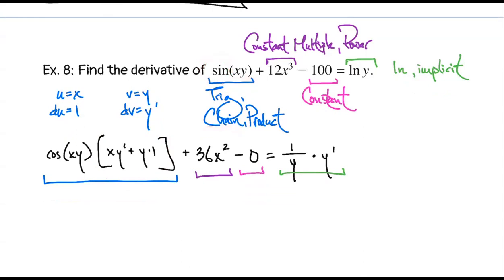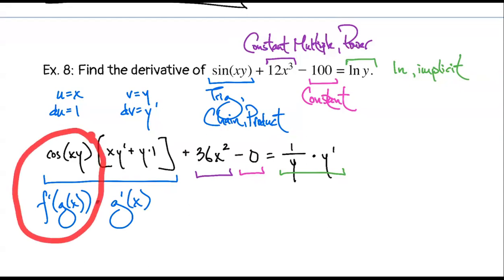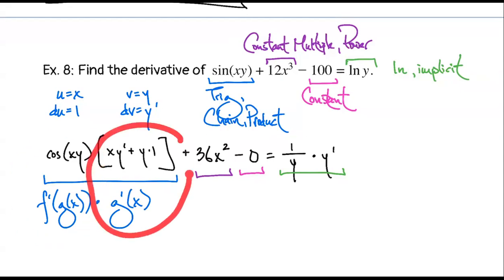And so if we think about our derivative, we better have f prime of g of x, that's my outer function, times the derivative of the inner function, g prime of x. And so the cosine part is the derivative of the outside, whereas the xy prime plus y is the derivative of the inside part, because xy is the inside of sine x.